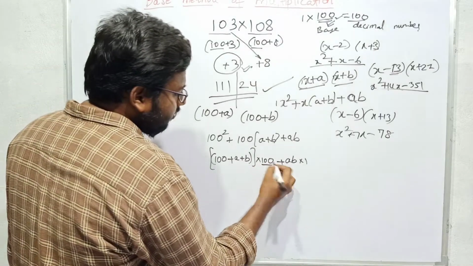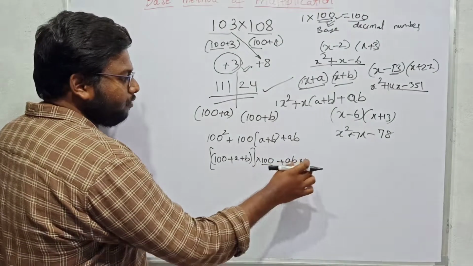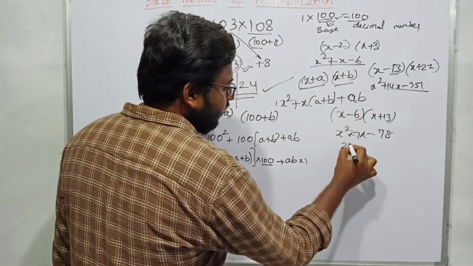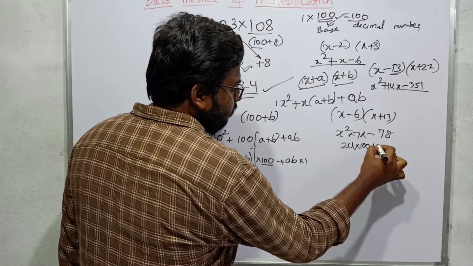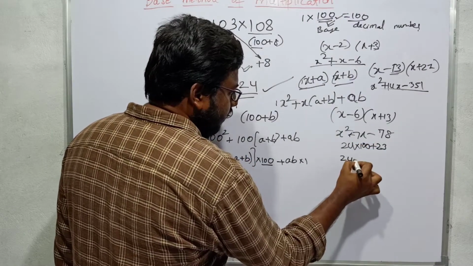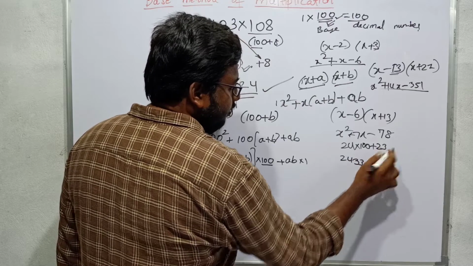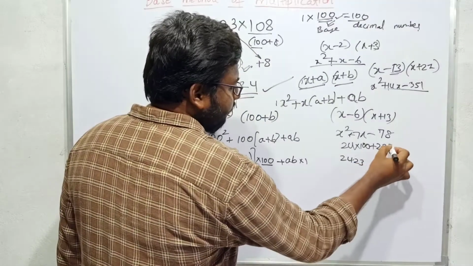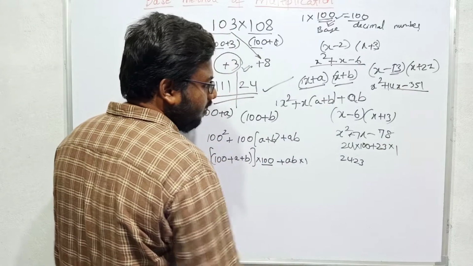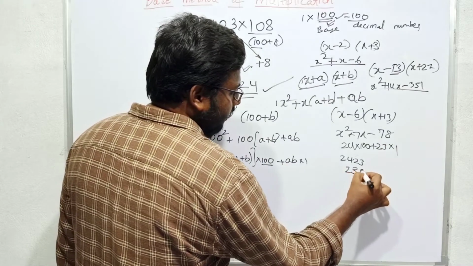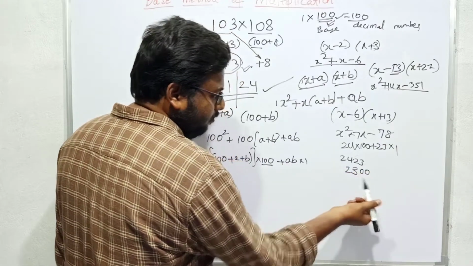If there are two zeros and it is 1 here, then you can permit 2 digits after here. If you want to know in detail, if it is 24 into 100 plus 23, then you can write this as 2423, a perfect number. I can write this as into 1 also. For example, it is 23 into 100, that means 2300.